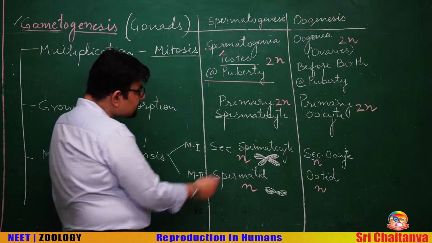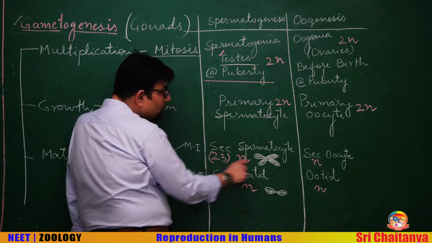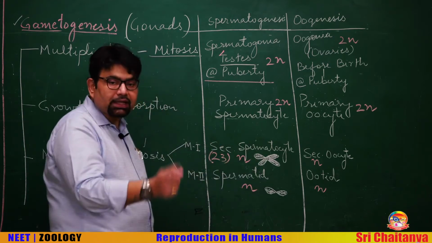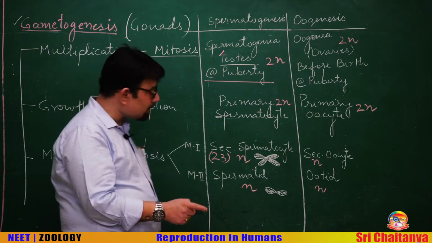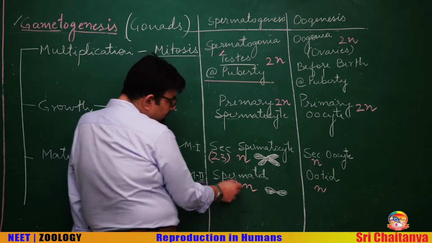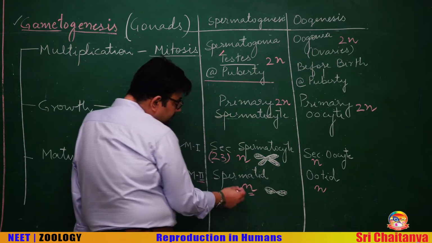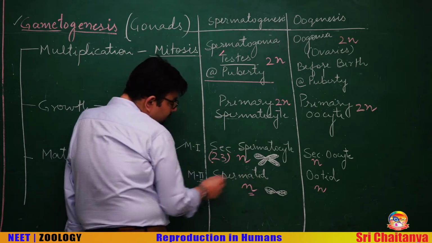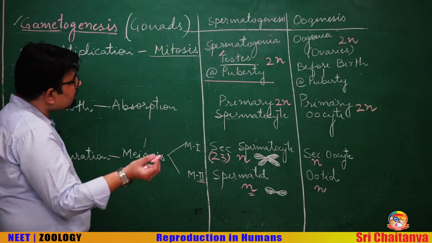So the secondary spermatocyte has 23 chromosomes, but all dyad. To make them monad or single stranded, the second meiotic division is required. After the meiotic second division, they become haploid cells with single chromatid, and they are called the spermatid. So this occurs at puberty.